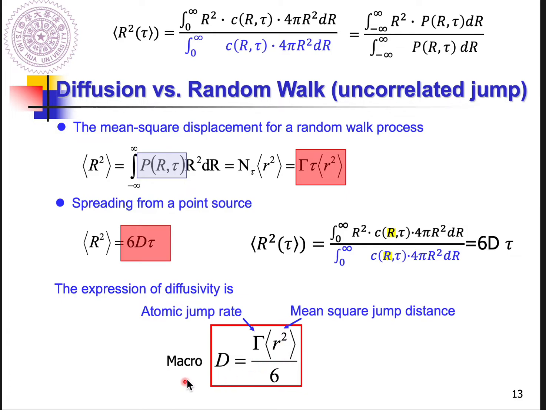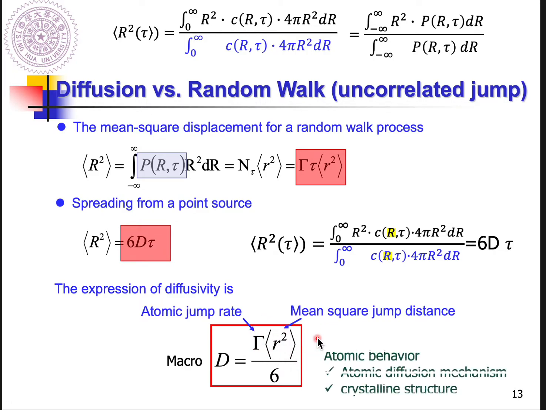Okay, so now we successfully link the diffusivity, which you observe at the macro scale, with the atomic material property. The material property includes beta, bond strength, reduced mass, energy barrier, temperature, and also the crystal structure, right?